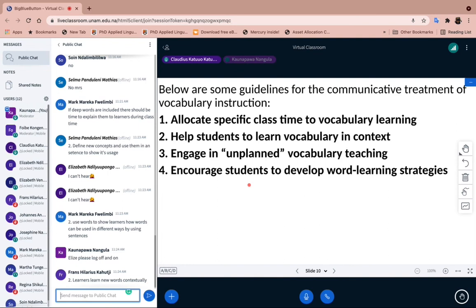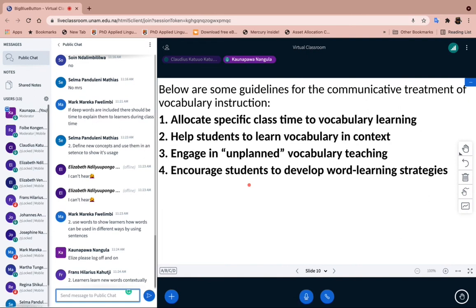So maybe if you are teaching them grammar, then you show them the way they should talk in the outside world, not just in school, like maybe when they engage in offices or so. All right, thank you very much for your contribution.